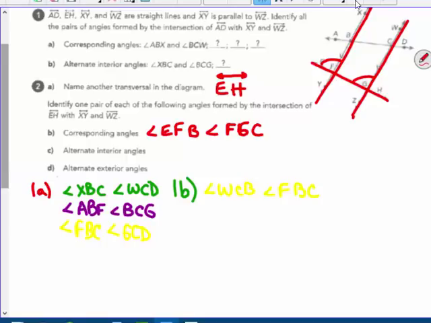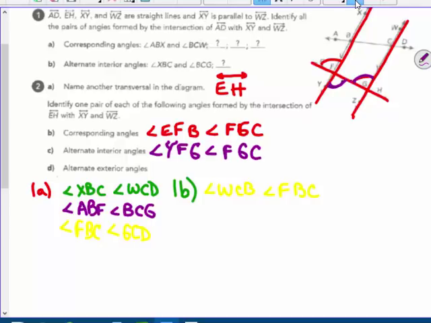So interior, I think I'm going to pick YFG and that same angle, FGC. So now I'm using it as an alternate interior, YFG, and angle FGC.